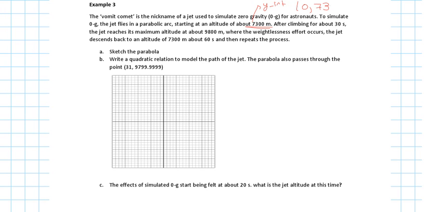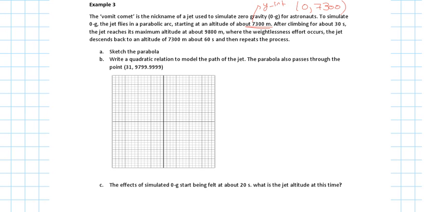Okay? Then it goes on and says, after climbing for about 30 seconds, well, they're giving you a value here for a reason again, right? They're telling you 30 seconds. After climbing for about 30 seconds, the jet reaches its maximum altitude of about 9,800 meters. Maximum represents what in our scenario?